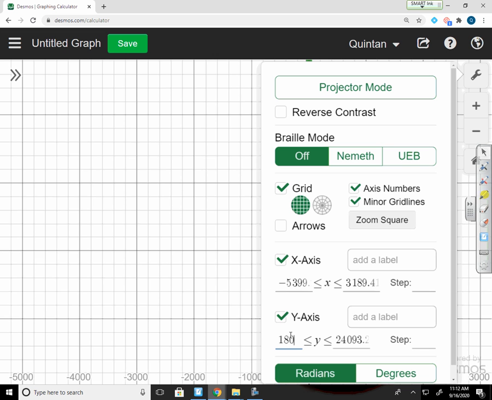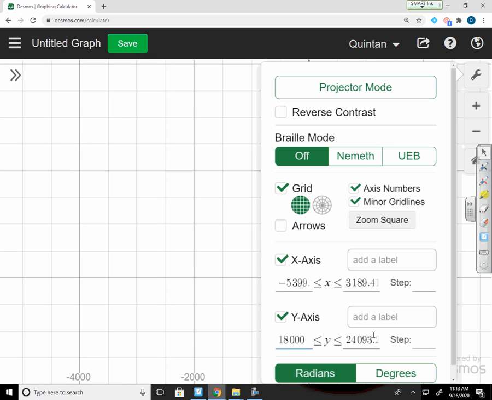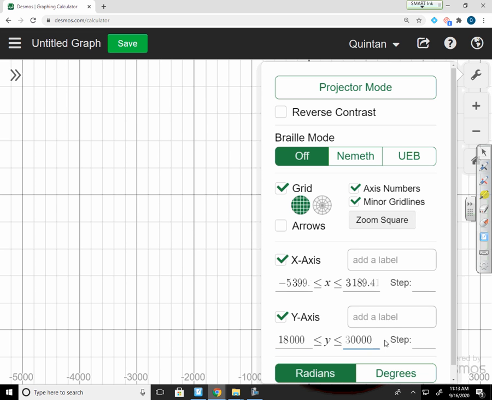We'll do 18,000 because I want it a little bit below where we start, and we'll make it go up to 30,000. Now it says step. That's how I can set how much each one of my lines goes up by. So my step, I'm going to make 2,000.